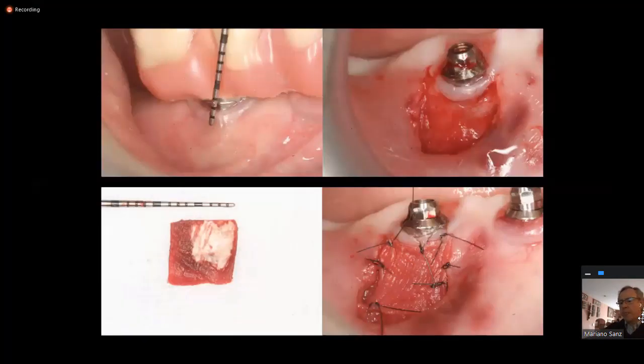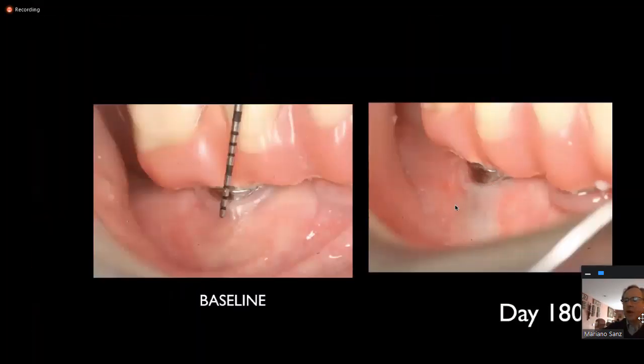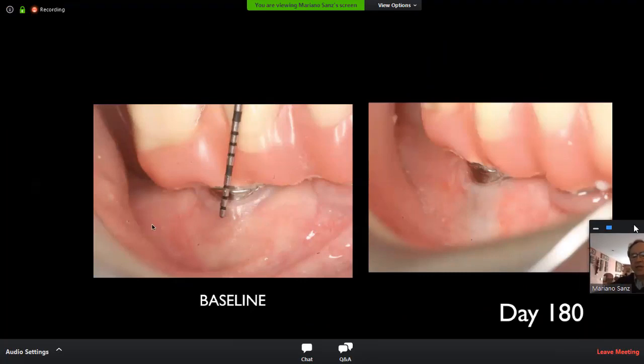So whenever we have available tissue in the vicinity to ingrow the matrix, the placement of a matrix, once we have performed this split thickness apically positioned flap, becomes a highly predictable outcome, as you can see in this before and after situation.